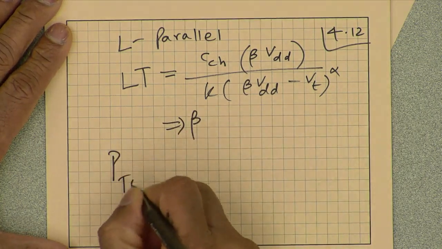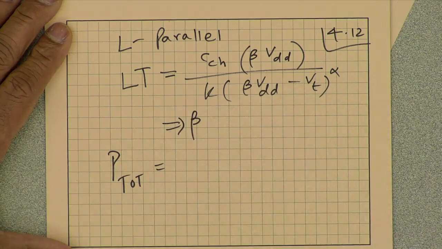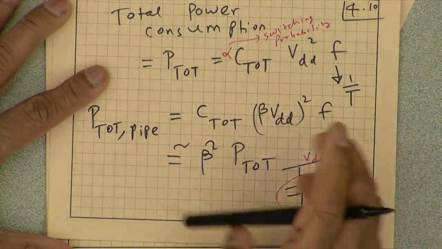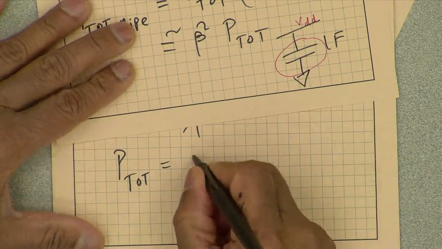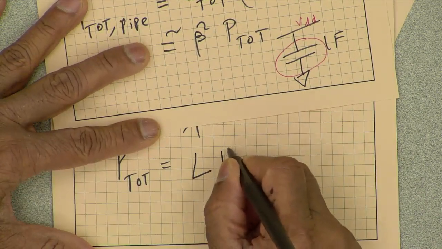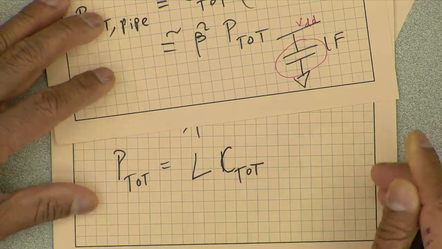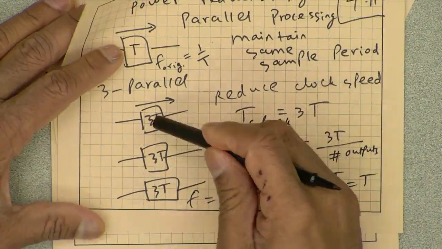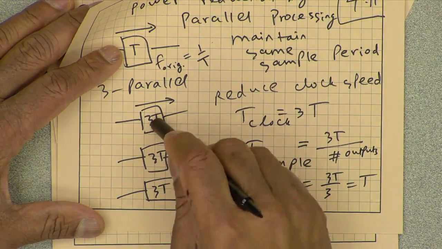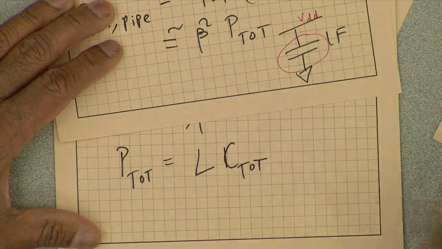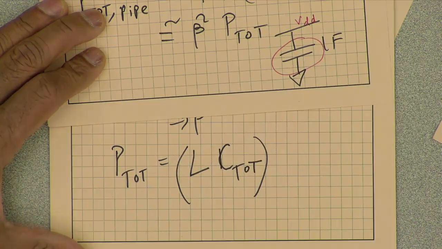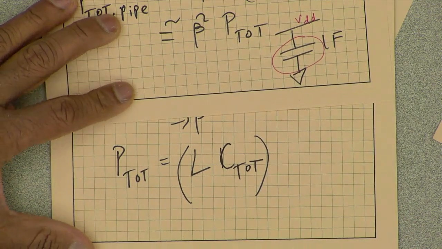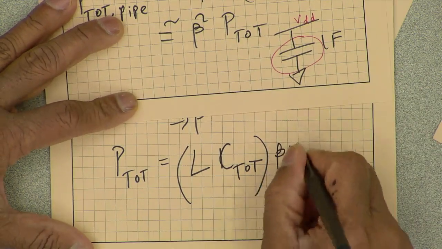Now the total power P total: the total power equation changes also. In the pipeline case, the total power was total capacitance times beta VDD squared times f. Now remember the total capacitance now is L times C total. Why? Because we have replicated the data path. In parallelism we replicate the data path L times, 3 times for 3 parallel. So if the total capacitance of a single multiplier, for example, is C total, and we have L parallel multipliers, then that is L times C total, times beta VDD squared.